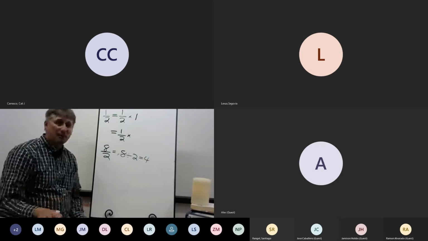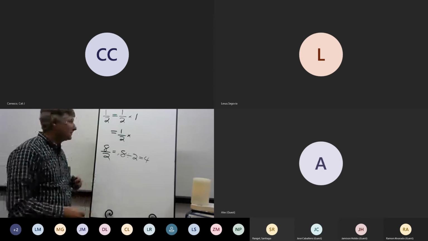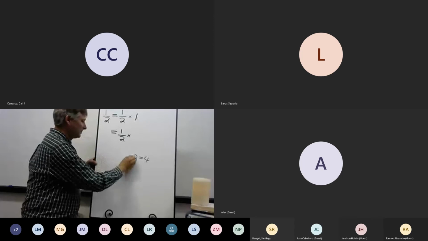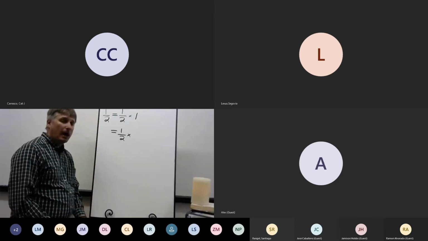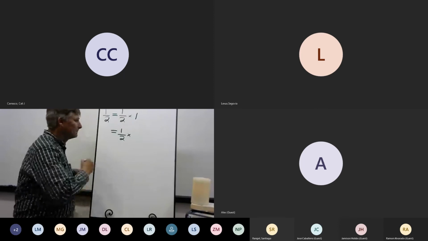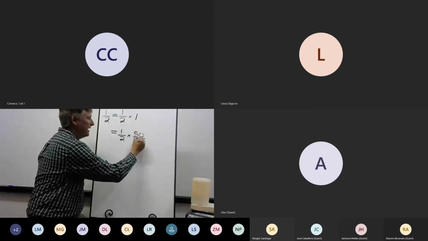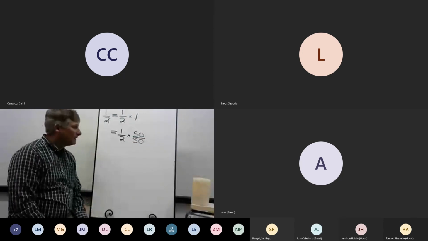That's just a mathematical convention. So keep that in mind. So this is what we're going to do. I'm going to write 1 as a division, or a fraction, of 50 over 50.